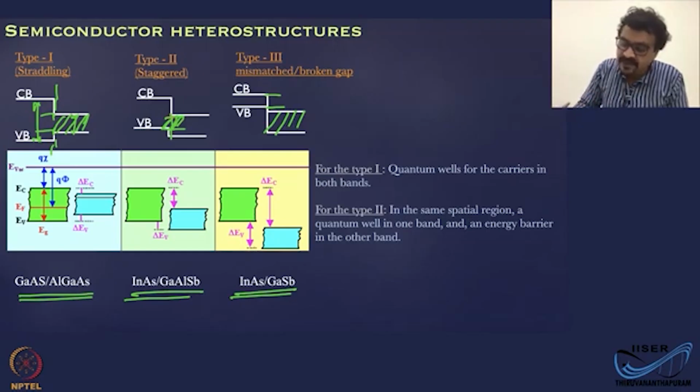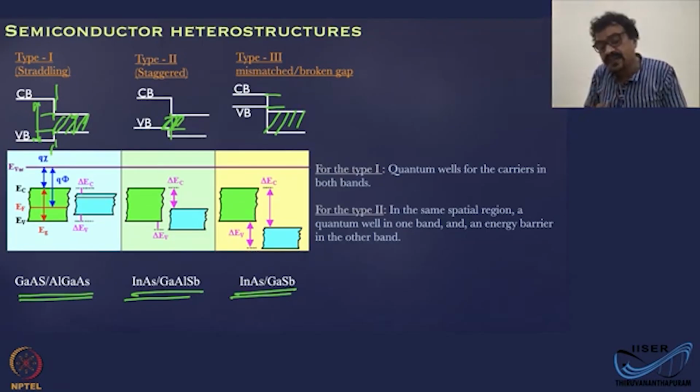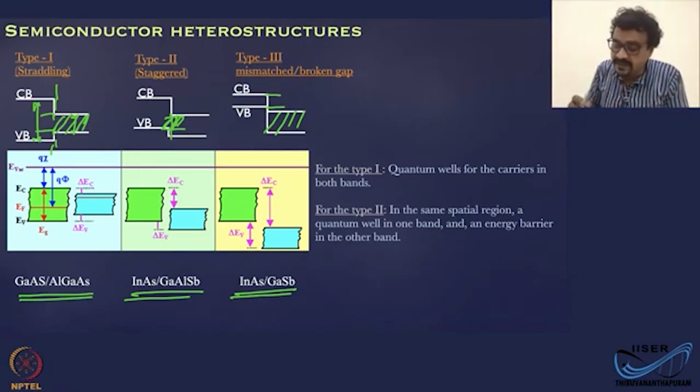The feature that we need to remember here is, for type 1, there is a quantum well for the carriers in both bands.